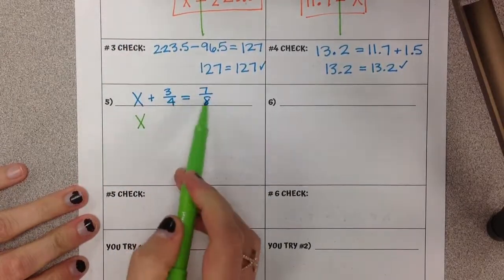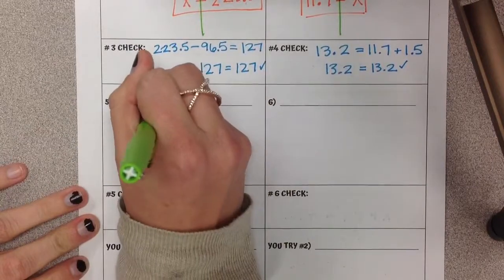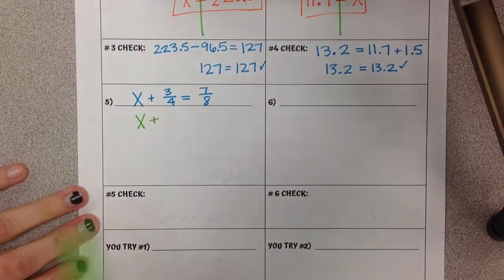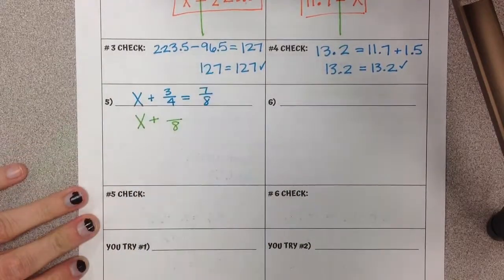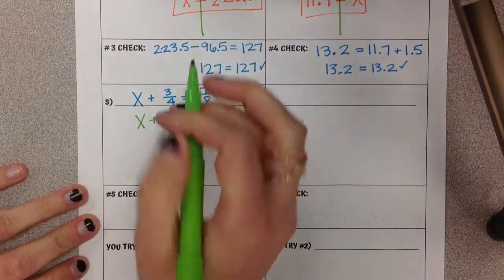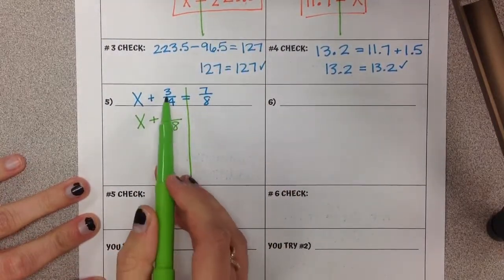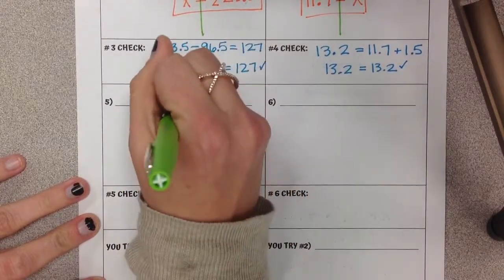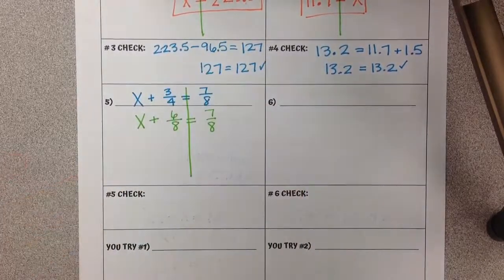But instead of having different denominators here, I'm going to convert so they have the same denominators. So x plus what? Well, 4 and 8, their least common denominator is 8. So how do I convert 4 to 8? 4 times 2 is 8, so 3 times 2 is 6. And then the 7/8 is already 8, so we can keep it that way.